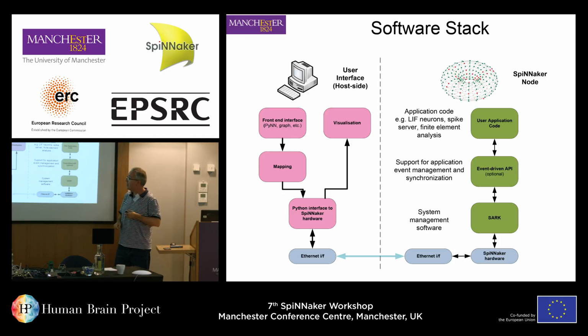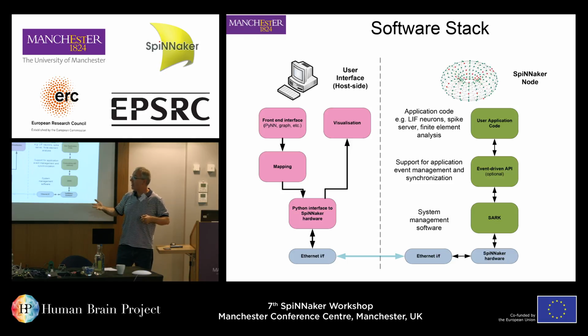In essence, what is happening is you're writing your script in the PyNN language, and you feed it into our tools. Now, we have a front end for a number of different languages. PyNN is the one we've mostly done, but we also have a more generic input language called the graph front end, which allows you to specify any problem as a graph, where the vertices of the graph are the computation, and the edges of the graph represent the communication between those vertices.